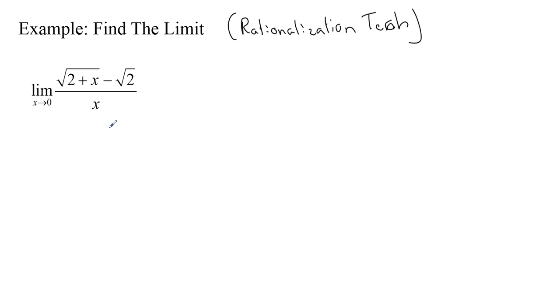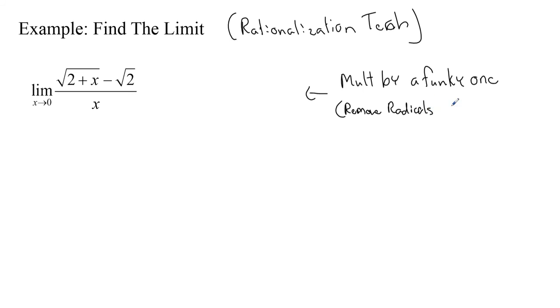Hopefully that's right. All right, so here I'm going to multiply by funky 1. And that funky 1 is going to remove radicals in the numerator. And hopefully that'll help us out.